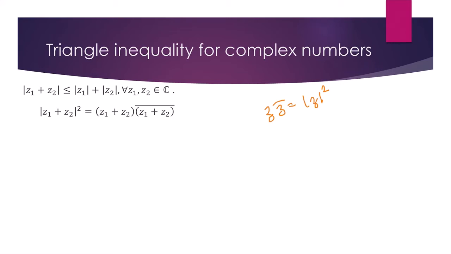Now what is the conjugate of z1 plus z2? It is z1 conjugate plus z2 conjugate. So multiply this. We have this.